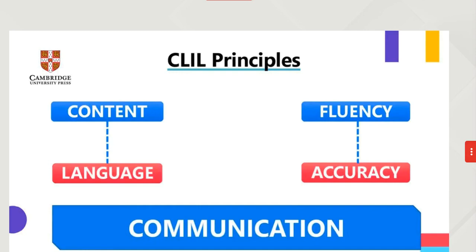And as we all know, making mistakes is a natural process in language learning. Language doesn't have to be accurate to be communicative. And CLIL exposes our learners to situations which are calling for genuine communication. So the focus is very much on fluency and on communication.